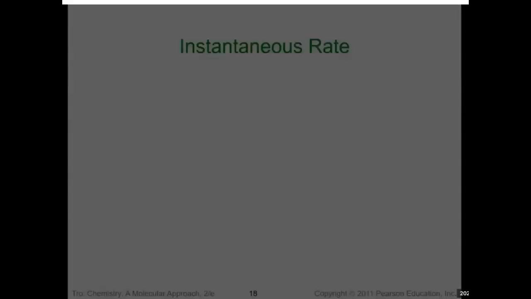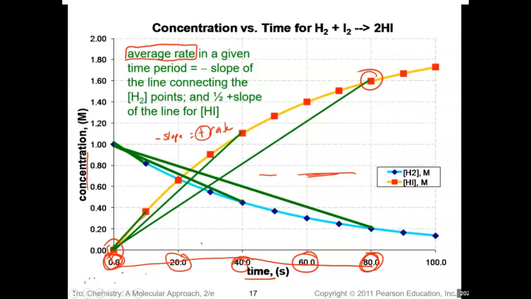Before, we looked at the difference between one point and another point, which gave our average rate between the two. Now I want to know the rate right here, not the difference or the slope between points. At 90 seconds, what is the rate?